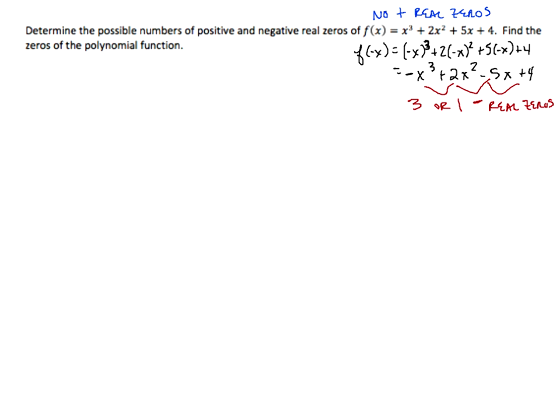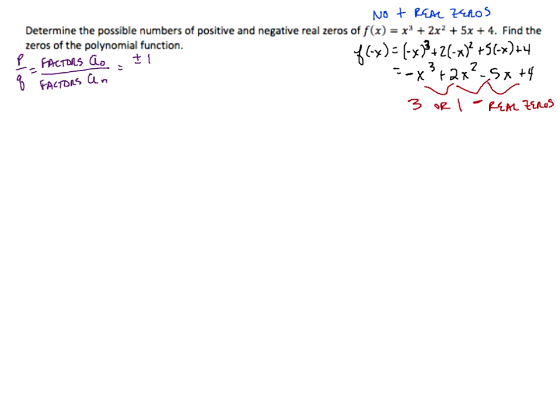Now, what that does for us is it knocks out all of the positive rational zeros that we get when we do P over Q. So we don't have to try any of our positive numbers. Let's go ahead and determine P over Q. So P over Q, these are the factors of A sub 0 over the factors of A sub n.